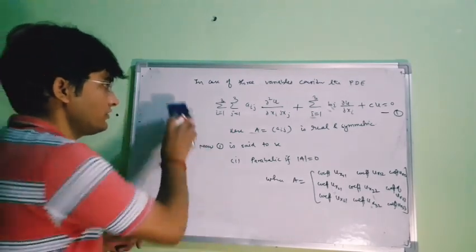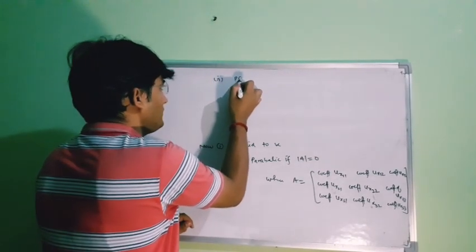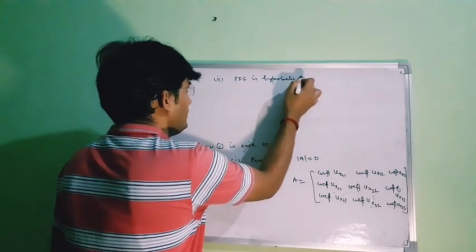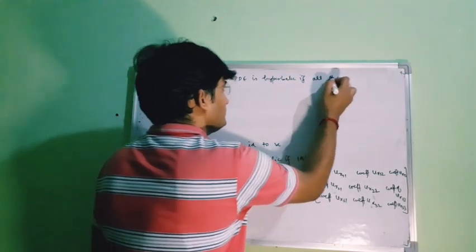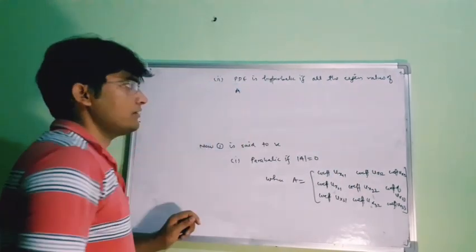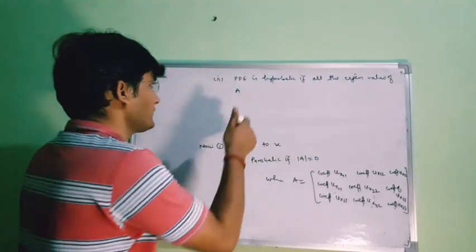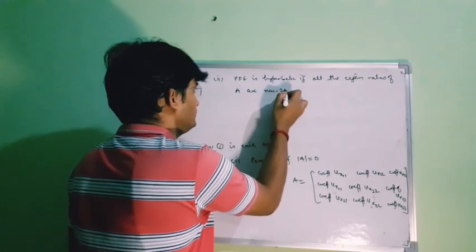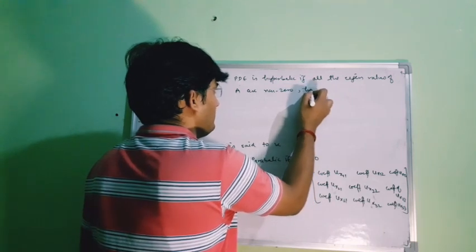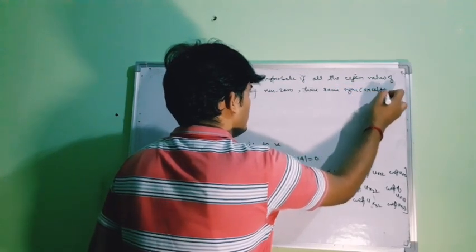A PDE is said to be hyperbolic if all the eigenvalues of A are non-zero and have the same sign except one.